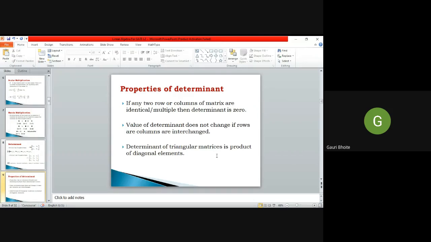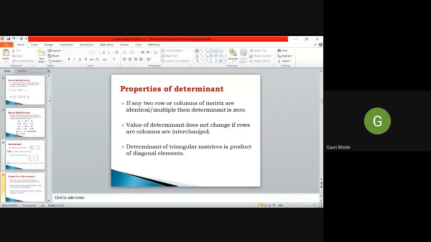So what are the properties? If any two rows or two columns of the matrix are identical or multiples of each other, then the determinant is equal to 0. This is a very important property.